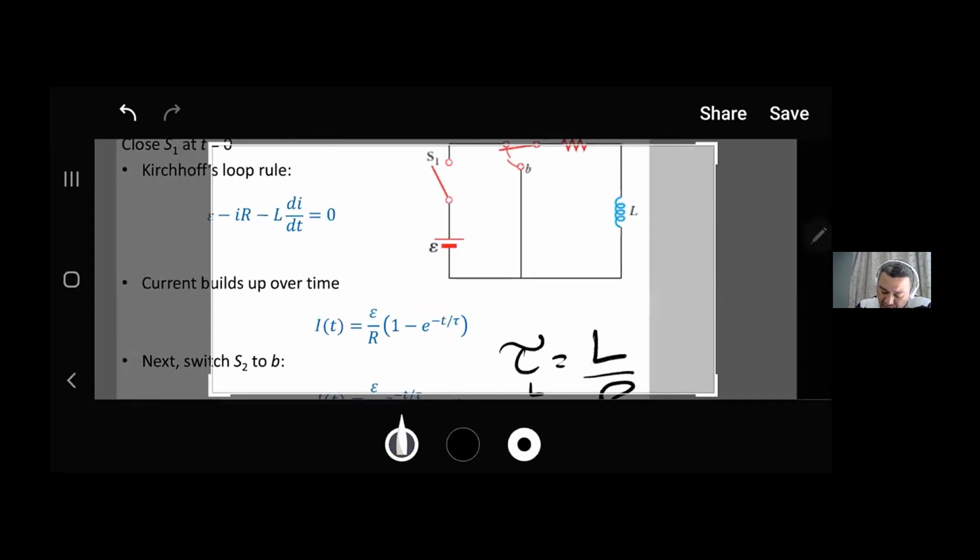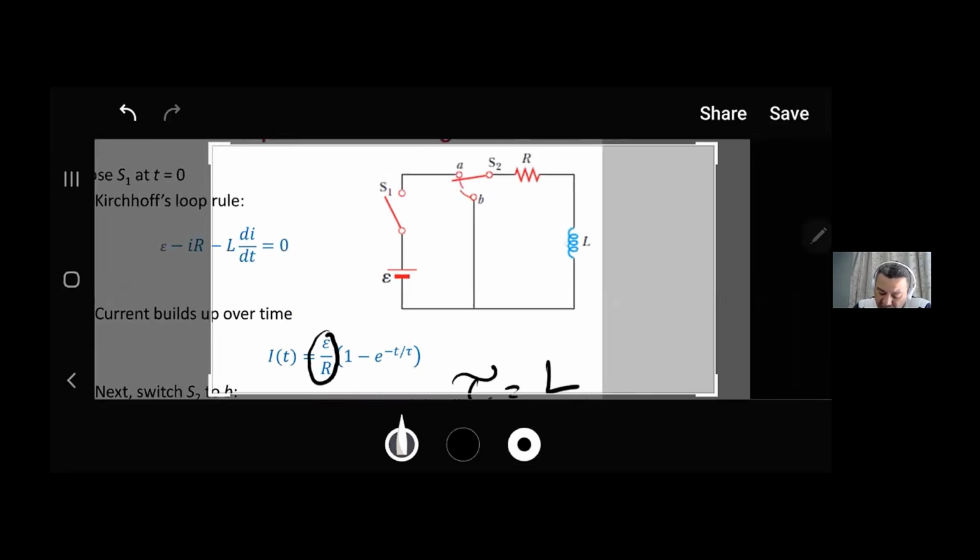And always be careful when it comes to this. Here, this is the maximum current. The maximum current in my circuit here at infinity, where basically the inductor would be a piece of wire, is epsilon divided by R. Other circuits may have different I naught, but this is the I naught here, meaning this is the maximum current that my inductor is going to achieve at t equals infinity.